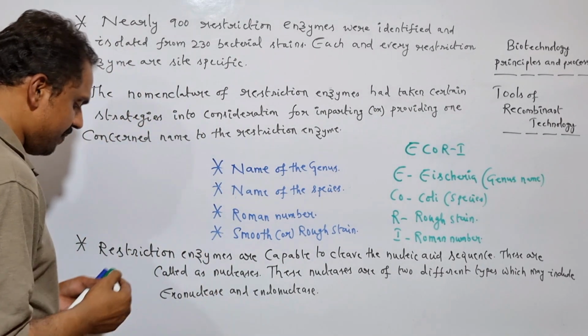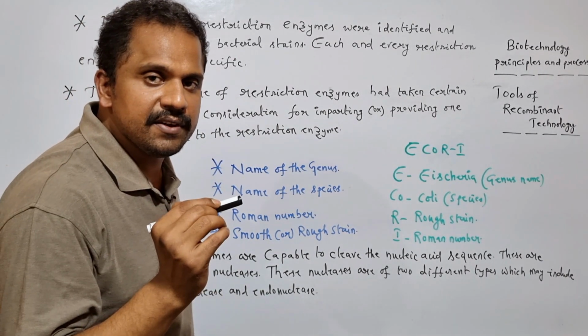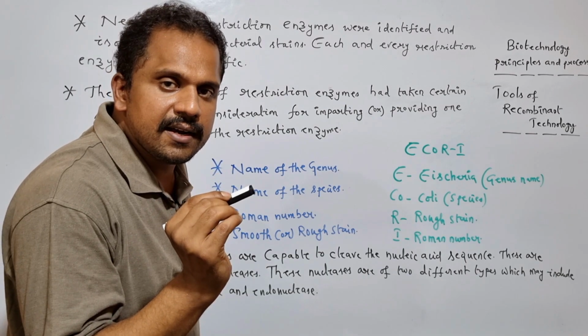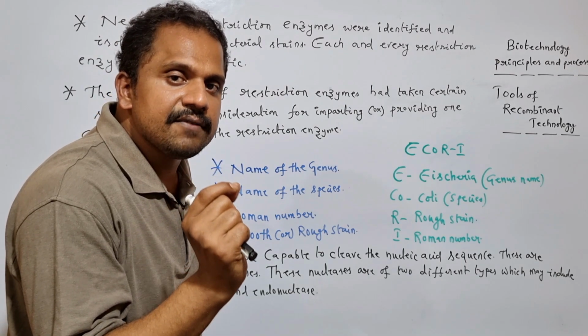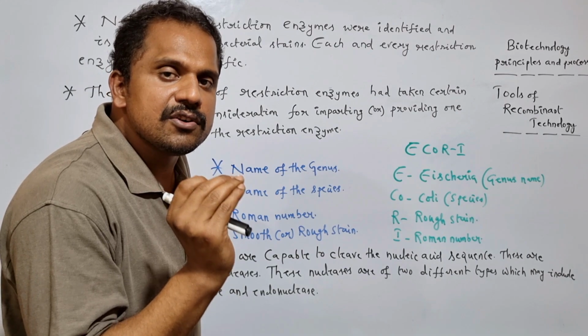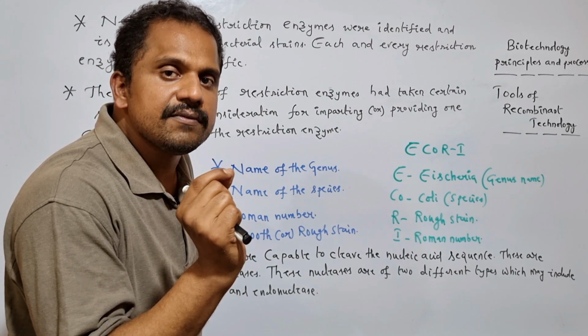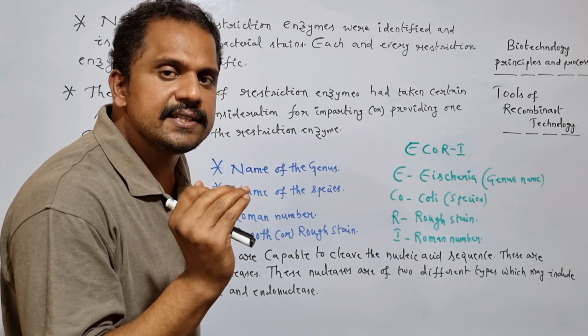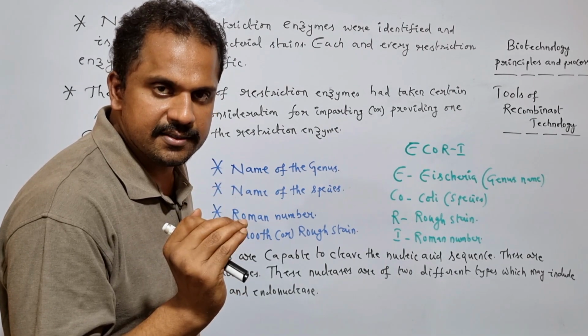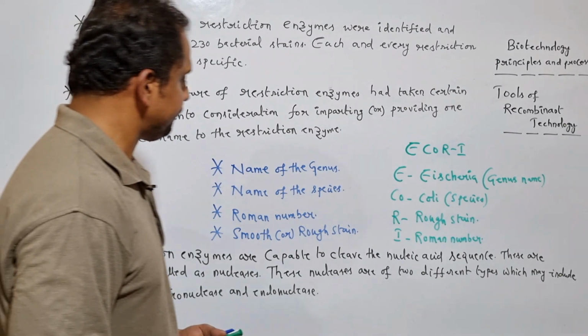So most commonly exonucleases, as the name itself suggests, are the specific enzymes which most commonly target the extreme ends of the nucleic acid sequence. Whereas endonucleases are most commonly responsible for targeting the internal portion of the nucleic acid sequence. So the reason why they are termed endonucleases. Is it clear? So let me arrange the things here.